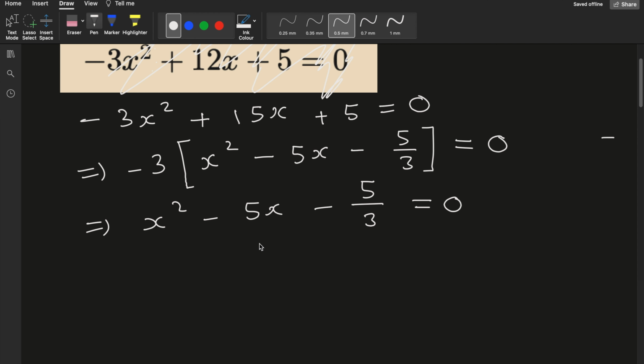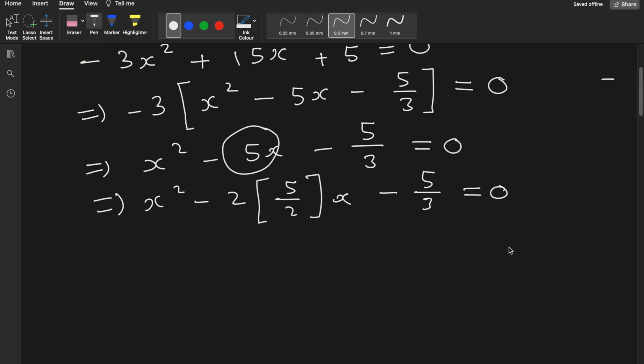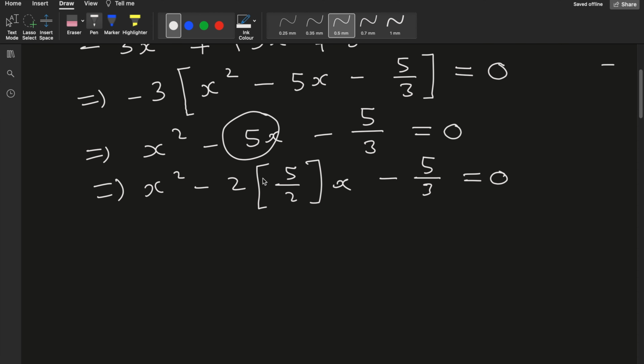So now let's solve this. We'll have to write this as x squared minus 2 into 5 divided by 2x minus 5 divided by 3 equals 0. And now we'll have to add the square of this to both sides.